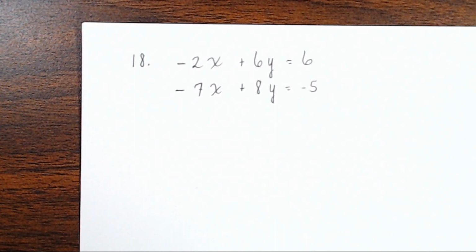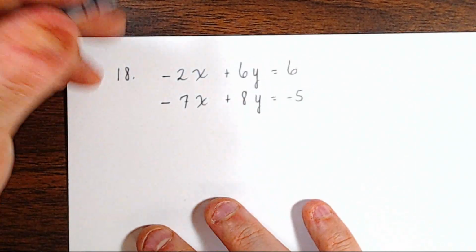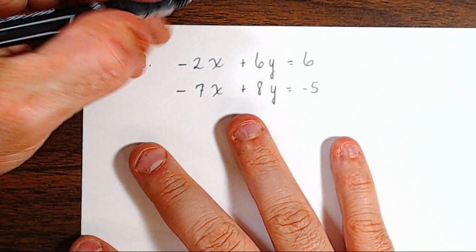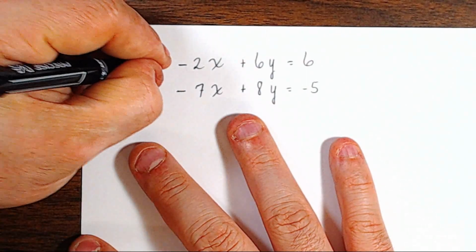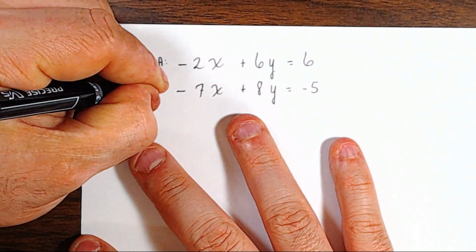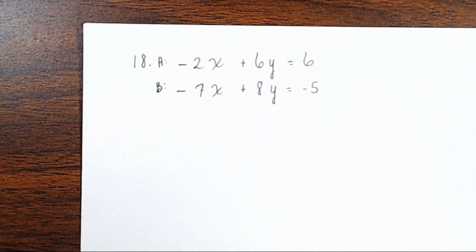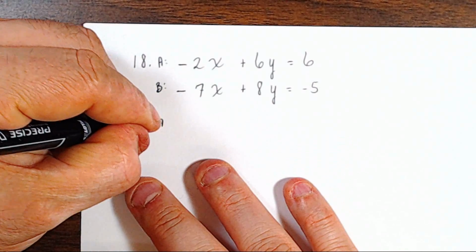For this one, it wouldn't be too hard to get this in y-intercept or slope-intercept form where it's just y equals. So if we're going to do it the old school substitution way, we can label this equation A and this equation B. And then we'll take equation A first.